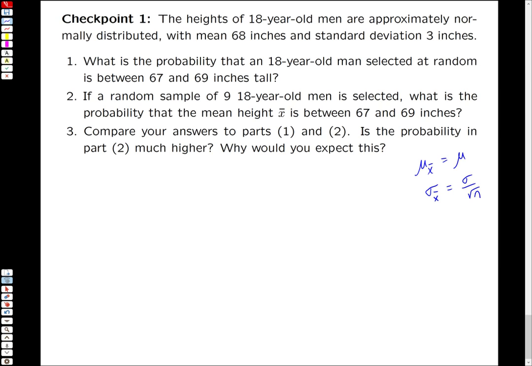The first one says an 18-year-old, so that's n equals 1, so you don't divide by the square root of 1, that just stays the same. The second one has n equals 9. So go ahead and see if you can do this question.